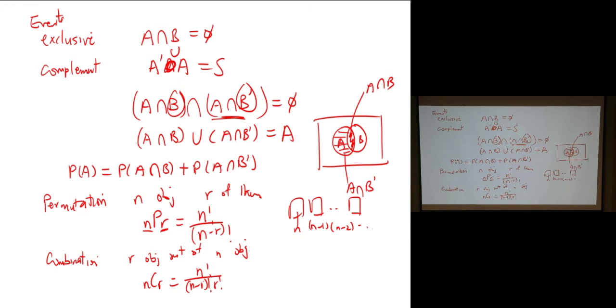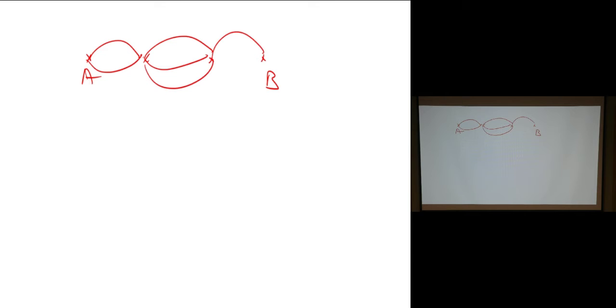Now, the multiplication rule and addition rule in counting. Suppose I want to go from A to B, and there are 2 ways, 3 ways and 4 ways to go.